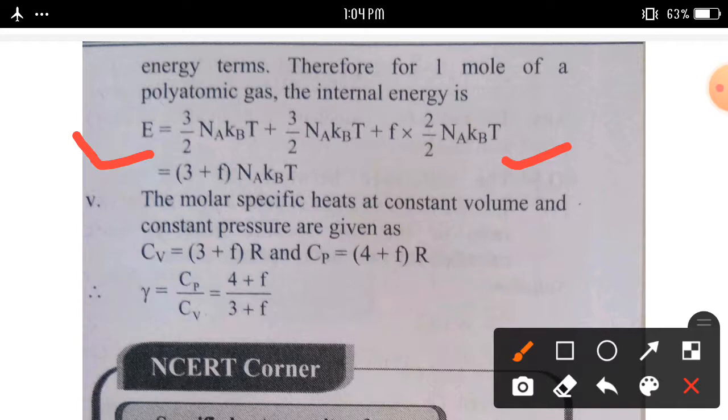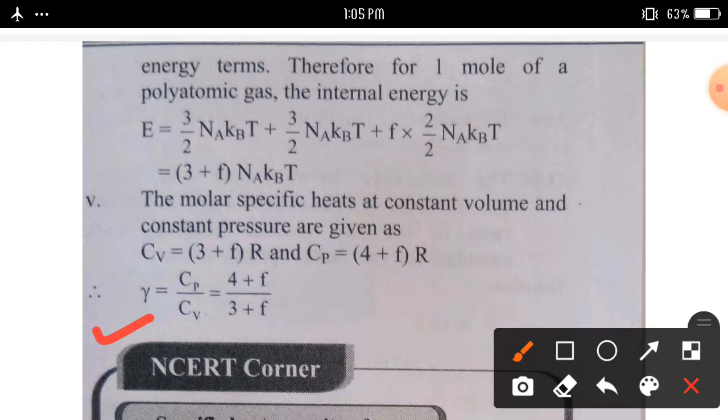The molar specific heat at constant volume and constant pressure are given by, here first molar specific heat at constant volume, this becomes Cv is equal to 3 plus f into R, and molar specific heat at constant pressure is given by Cp is equal to 4 plus f into R. Therefore, gamma is equal to Cp upon Cv is equal to 4 plus f upon 3 plus f.